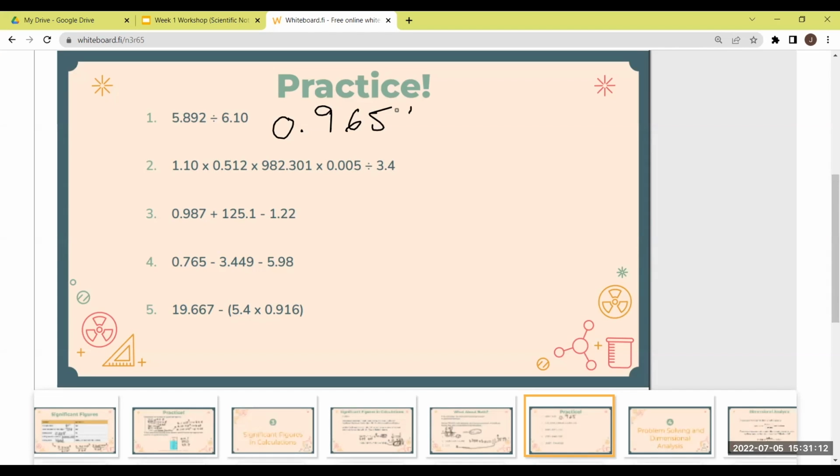And now just put out one more digit here. This is going to be a total of 3 significant figures because this number has 3 significant figures. So our answer is actually going to be 0.966 because this is going to be the significant decimal place, and then we're going to check for rounding, and this rounds up, and we get this answer.